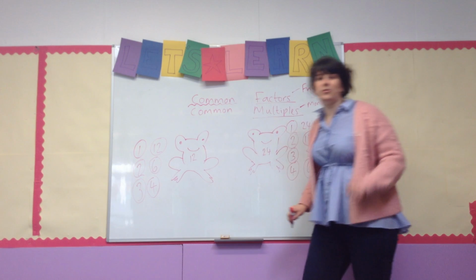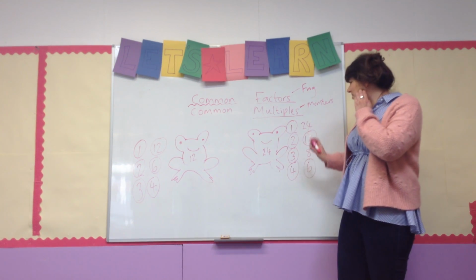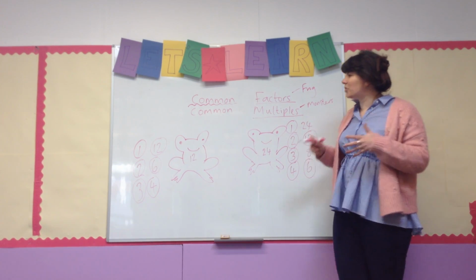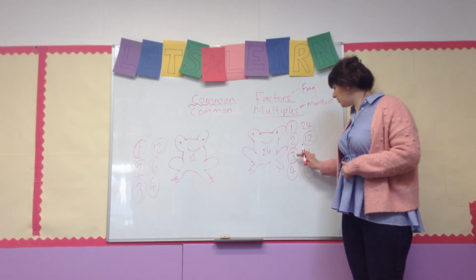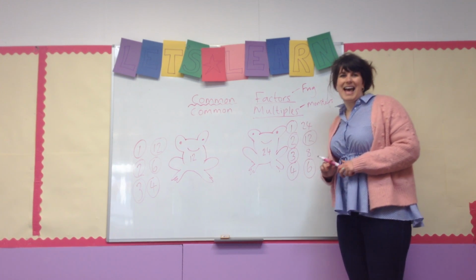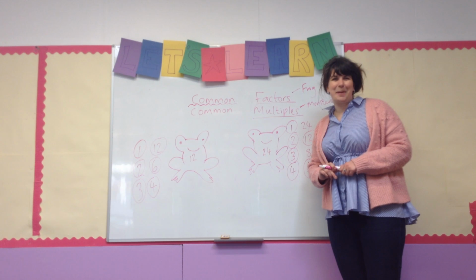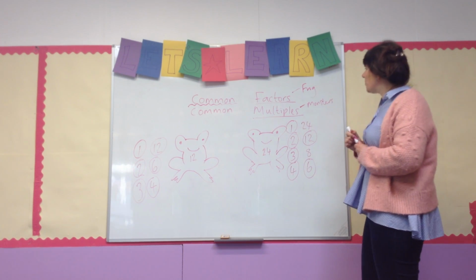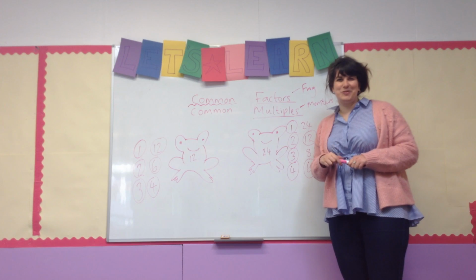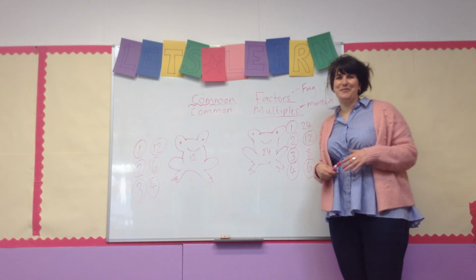Is 8 in both? No, it's not. Okay, so the numbers that it has in common, the common factors, are 1, 2, 3, 4, 12 and 6. Hopefully that makes sense. So you could try your own pictures of your own frogs this time and try some different numbers.